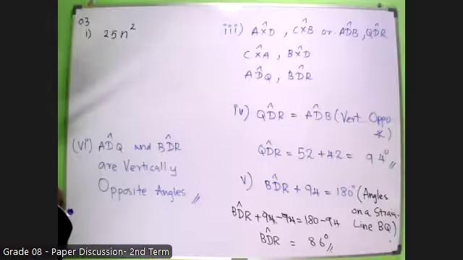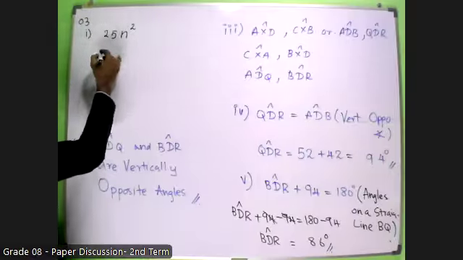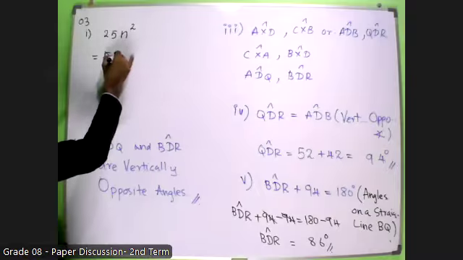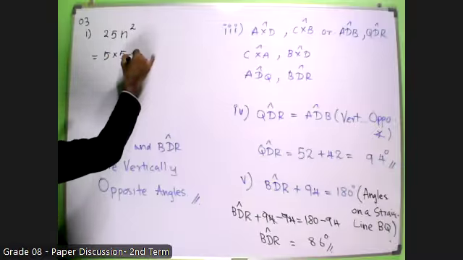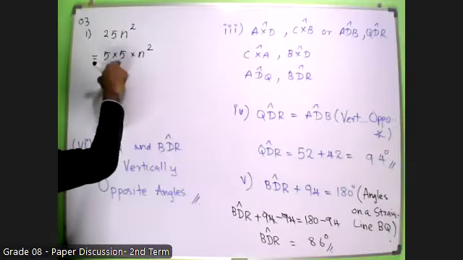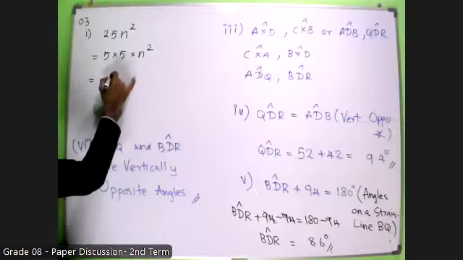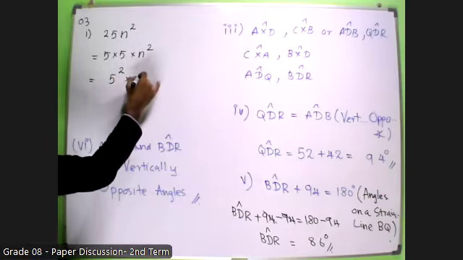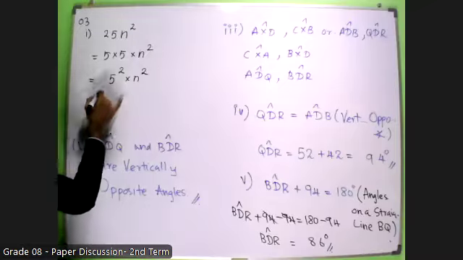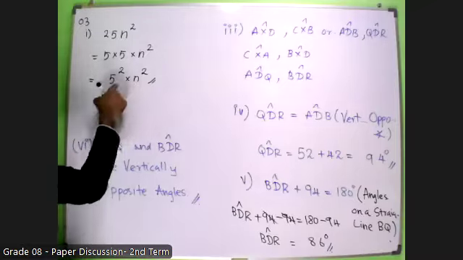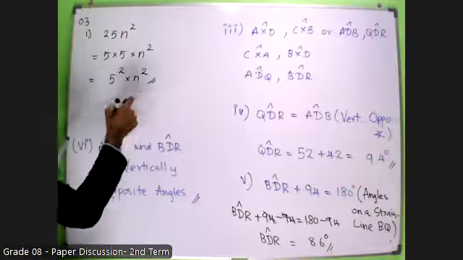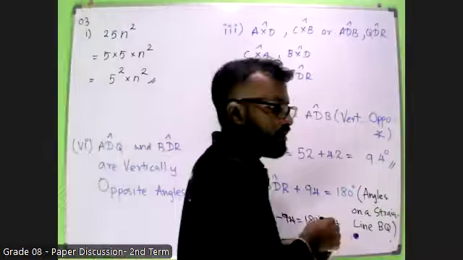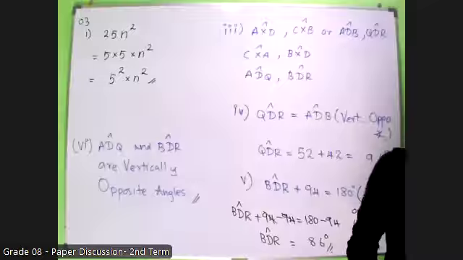It's a normal number. 25 can be written as 5 times 5, times n to the power 2. 5 times 5 you can write as 5 to the power 2 by using the laws of indices, and n to the power 2. So this is the product of powers. Indices lesson.